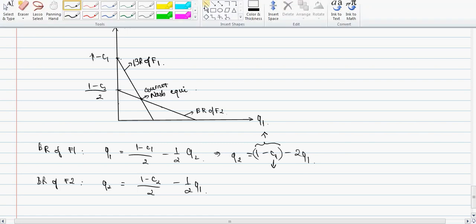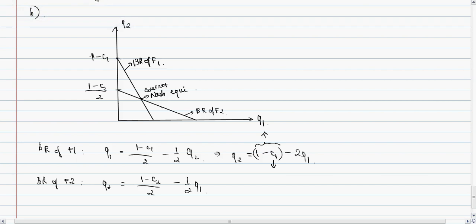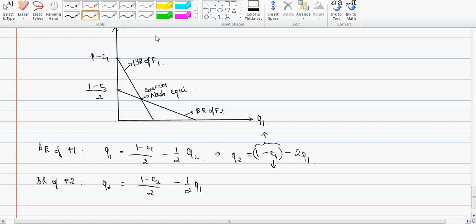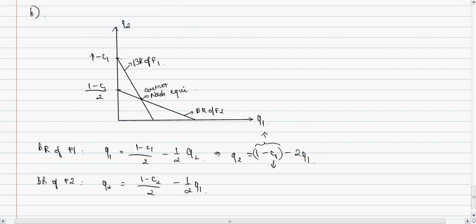So I'll be doing that. I'll draw a red line. Okay, I'll make it parallel to the old one, and then okay, so this is my new best response function for firm 1, sorry, for firm 1, which has a higher vertical intercept.